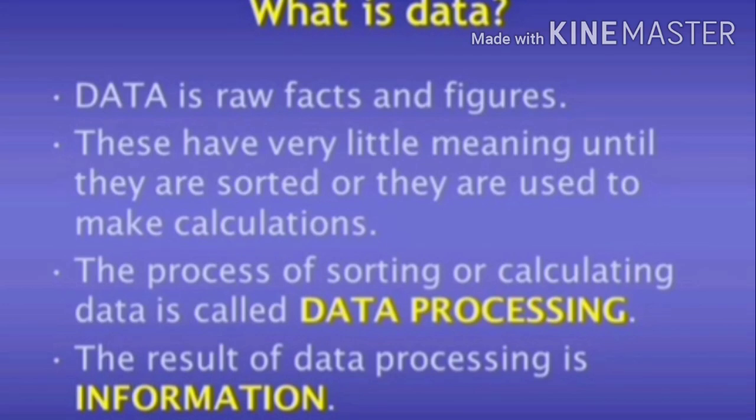We cannot use this data directly because it is in the form of numbers, alphabets and images. The second one is, what is information? Information is a form of processed data, what we get from the computer.